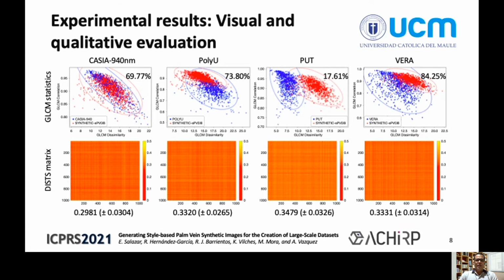We show the obtained scatter plots for the GLCM dissimilarity and correlation, where the covariance confidence ellipses are also represented. It's noticeable that there is a significant overlap between both data distributions except for the PUT database, and this result can be attributed to the fact that palm imaging systems are not standardized.